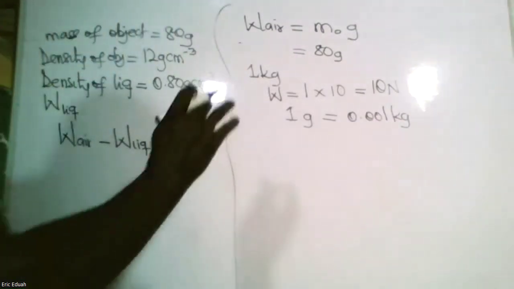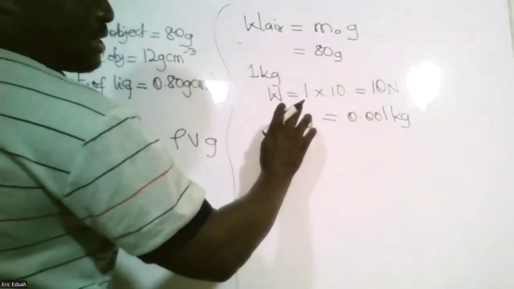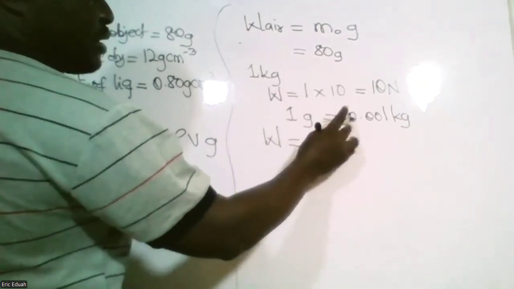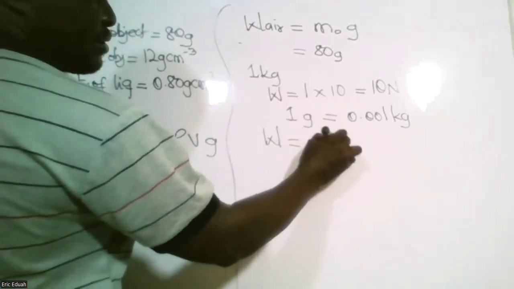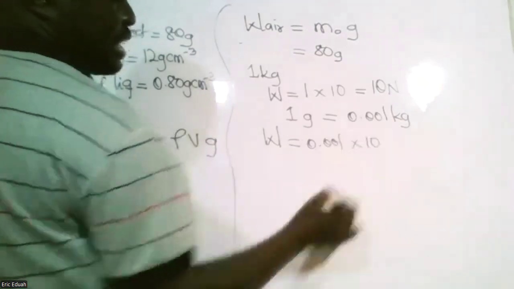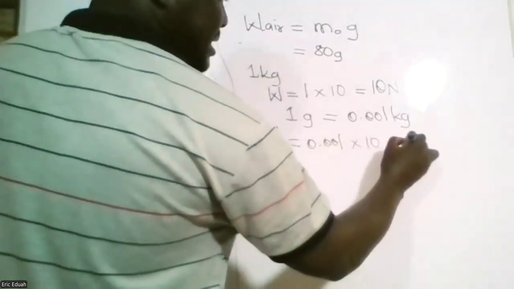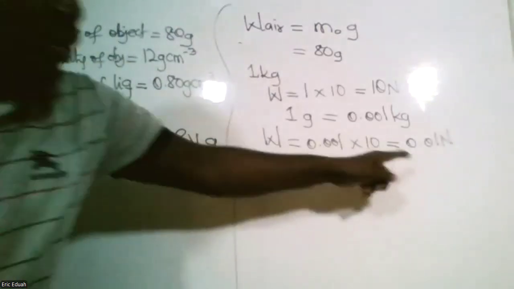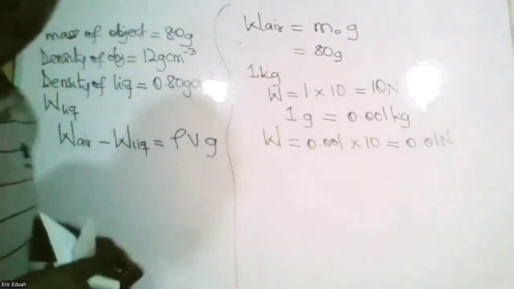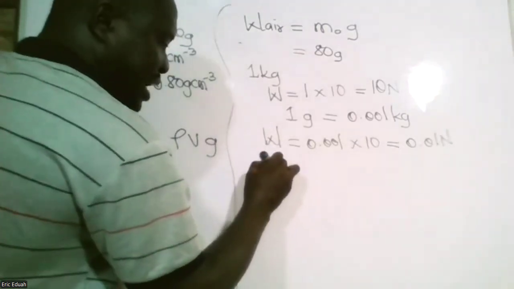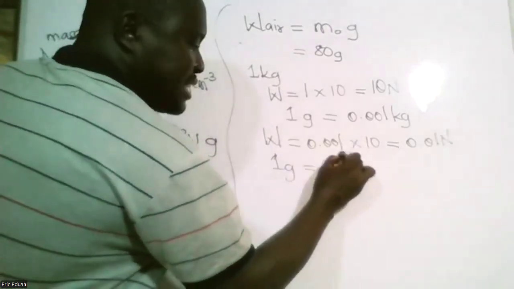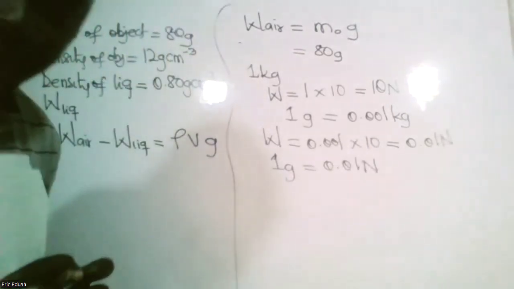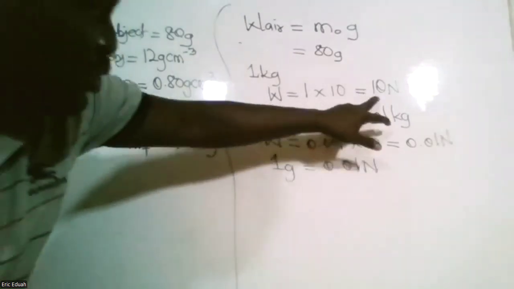So if you convert the mass in gram to kilogram, then the weight will be equal to the mass in kilogram times 10 meters per second squared. This is 0.01 Newton. Now with this, I know that every 1 gram mass would weigh 0.01 Newton, just as every 1 kilogram mass would weigh 10 Newton.